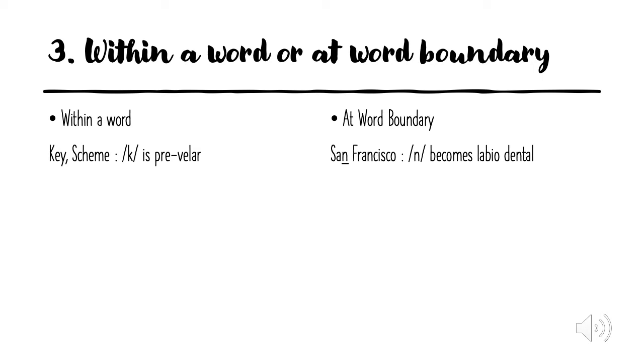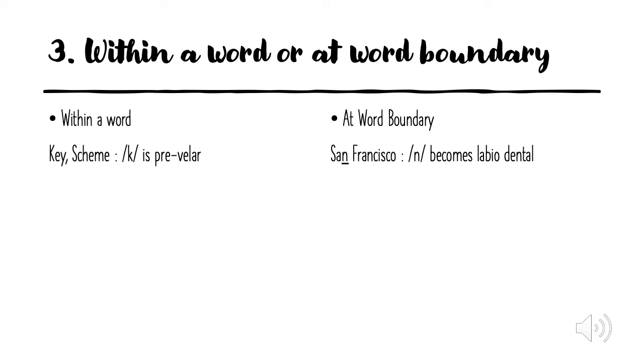The place of articulation is in a slightly forward position, not in the backward, pure velar position, but in a pre-velar point. Key. So that is an example of assimilation within a word.